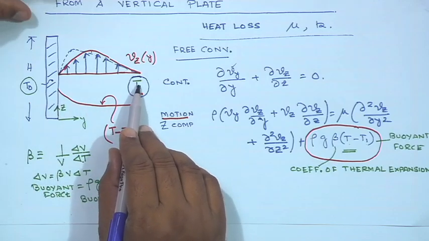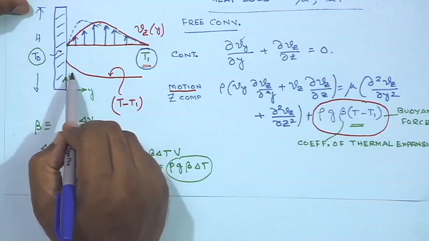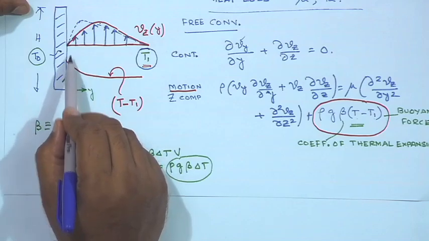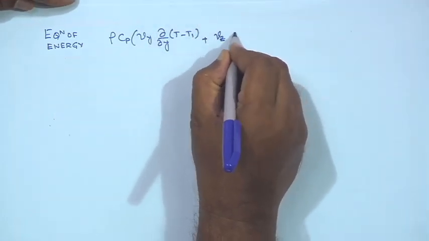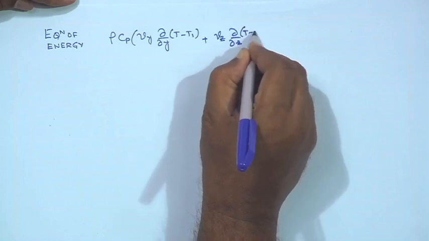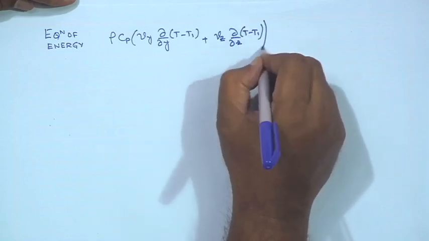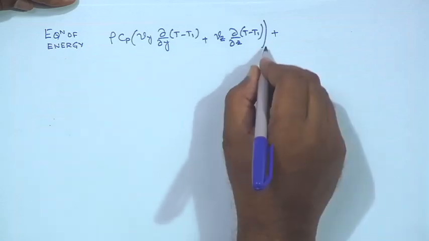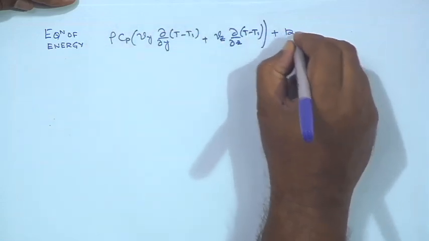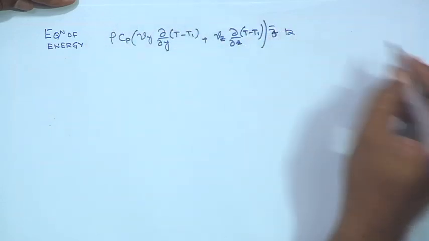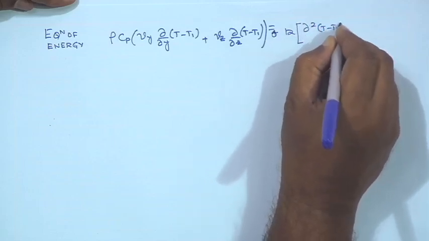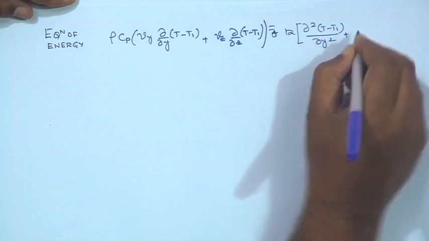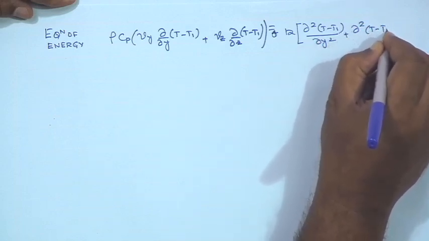So, this is simply a constant. However, the temperature here is going to be a function both of z and of y, so that is why I have to use the partial sign. The second term would simply be Vz del/del z, again of T minus T1. This is the convective flow term, and the right hand side is k times [del square (T minus T1) by del y square plus del square (T minus T1) by del z square].